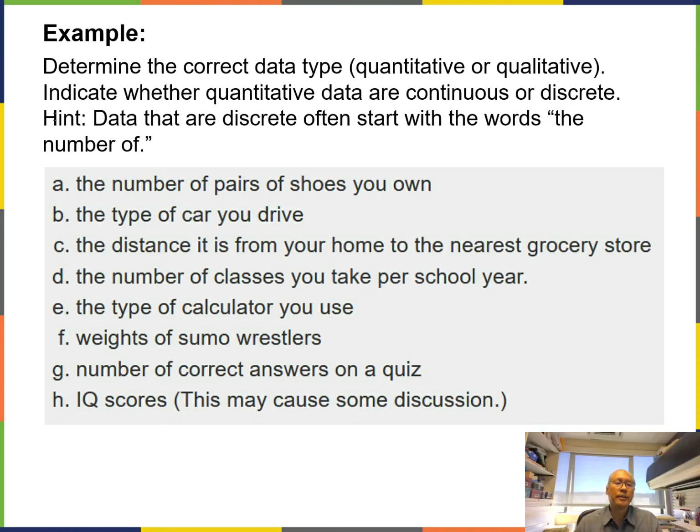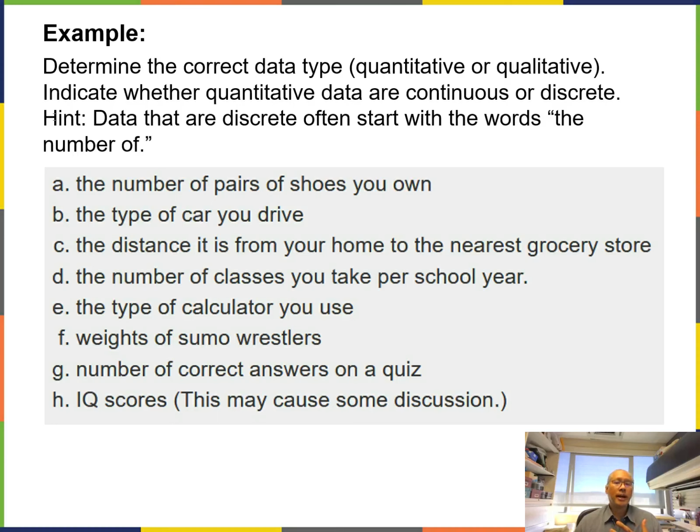So that is discrete. The type of car you drive, if you drive a Honda Pilot, then you're looking at qualitative data, categorical, the type of car, so that's qualitative. The distance from your home to the grocery store, that is a measurement of distance.